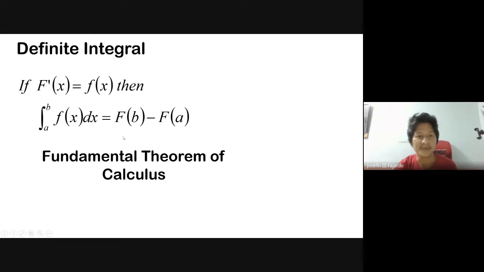So notice, since we are substituting values of the lower and upper values here, technically if a and b are real numbers, the result will also be a real number, if this exists, of course. Okay? So basically, to get the definite integral, all we have to do again is to just get the integral, and then afterwards we substitute upper minus the lower. Okay? Is that clear, guys? Malinaw po ba? Yes, sir.